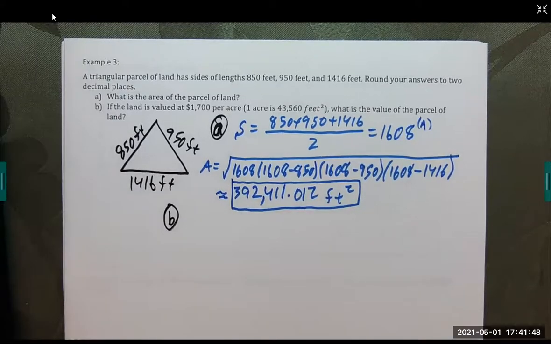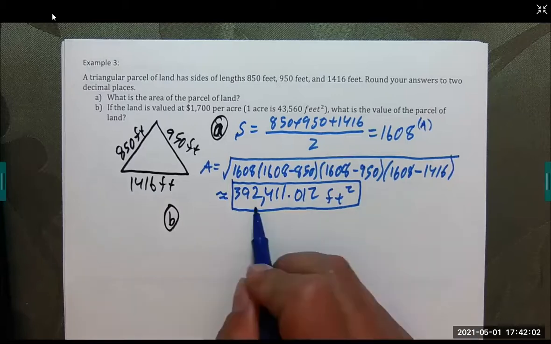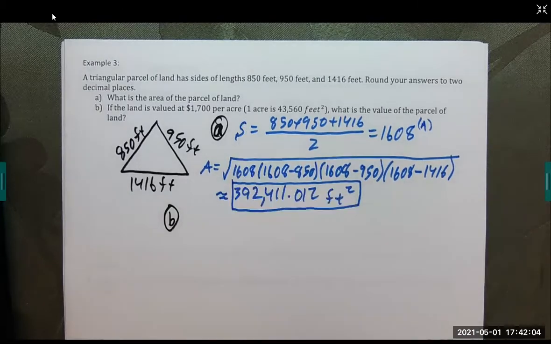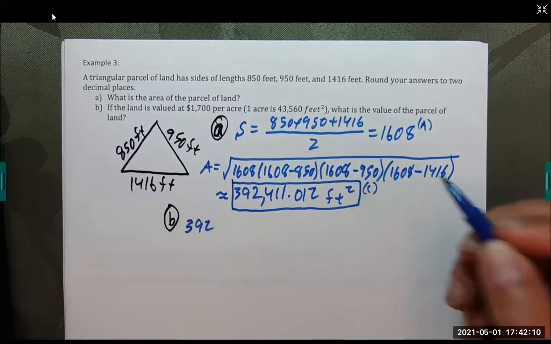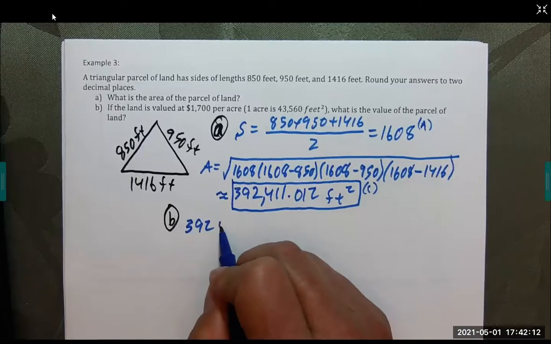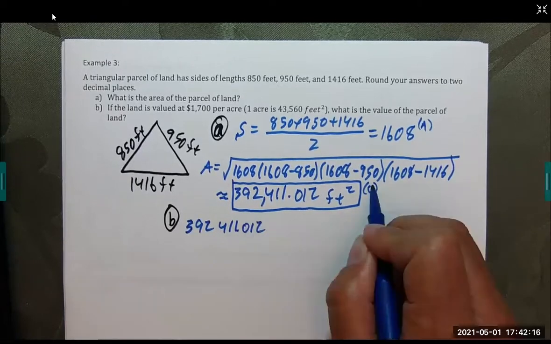They say if the land is valued at $1,700 per acre, and an acre is 43,560 square feet, what is the value of the parcel of land? Well, what I'm going to have to do first is convert from square feet into acres. And I'm going to do it like this. So 392,411.012, which I stored as C. And of course, I'm going to use the letters, my memory, which is going to be better for us.